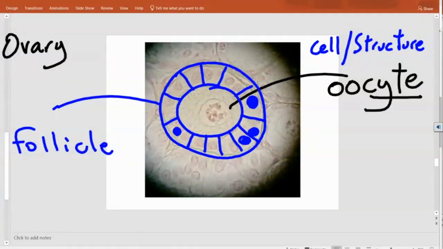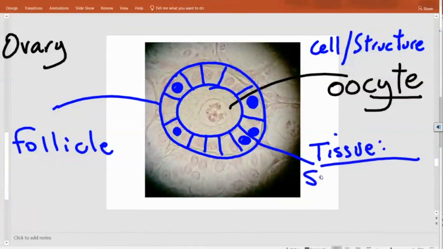But how many layers is it? It's one layer. So what do we call a tissue that is only one layer? Very good.